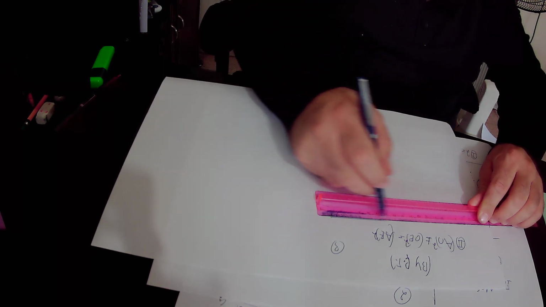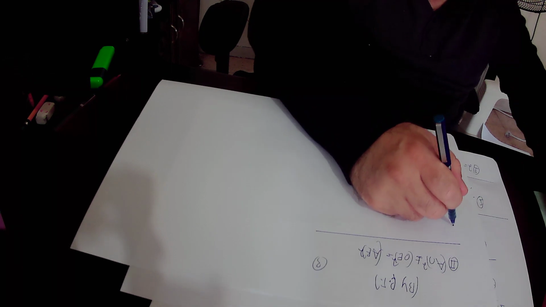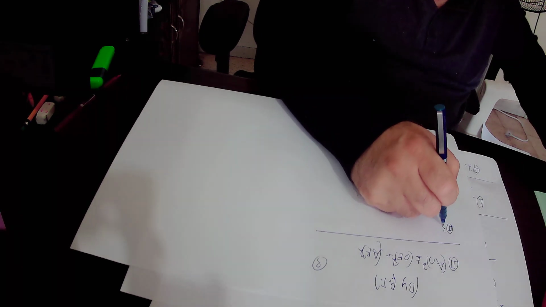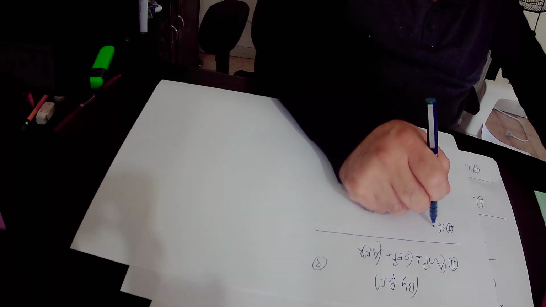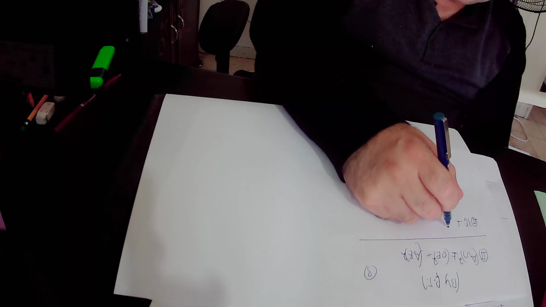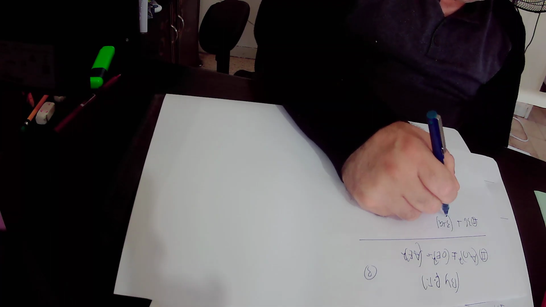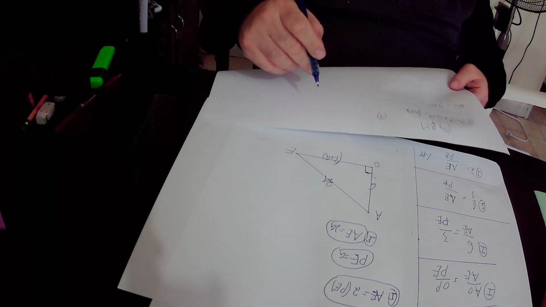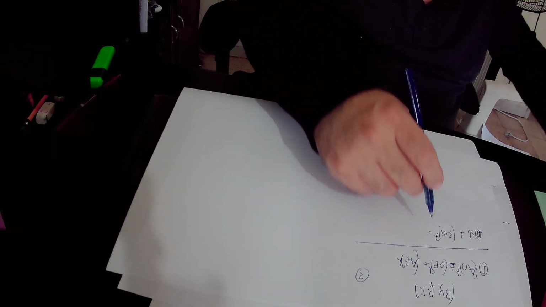AO equals 6 units, therefore AO squared is 6 squared, that is 36, plus OE squared. OE equals 3 plus a, so OE squared is (3 plus a) squared, and it is equal to AE squared. AE equals 2a, therefore AE squared is (2a) squared.